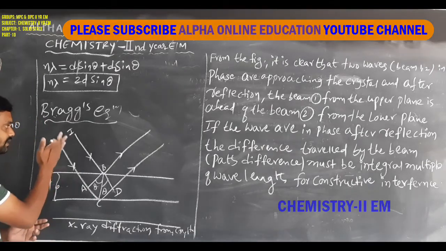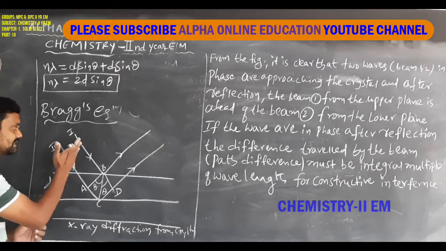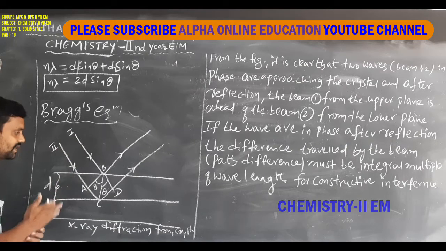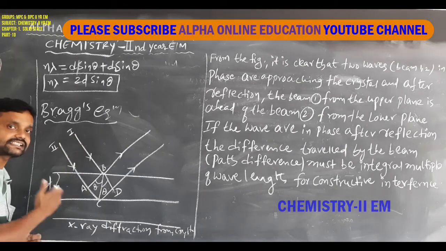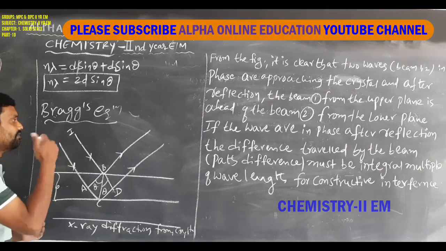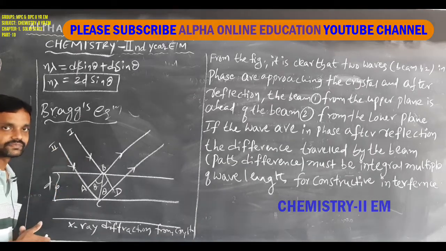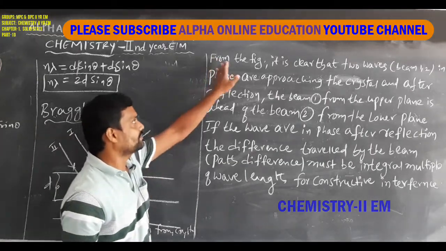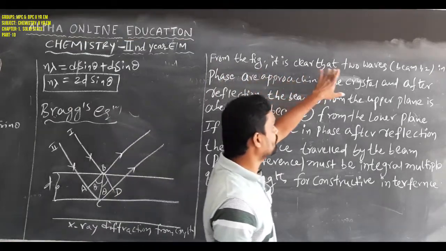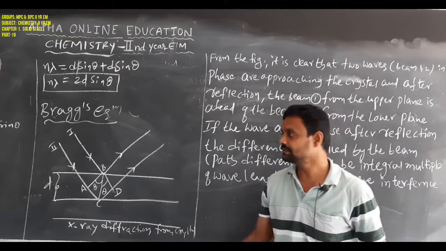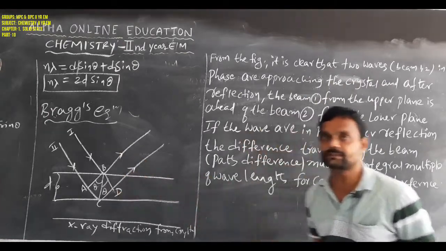For example, when we compare the first X-ray and the second X-ray, the second X-ray passes some extra distance compared with the first. From the figure diagram, it is clear that there are two waves, beam 1 and beam 2.